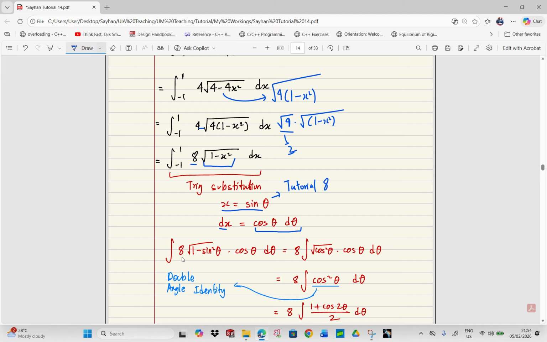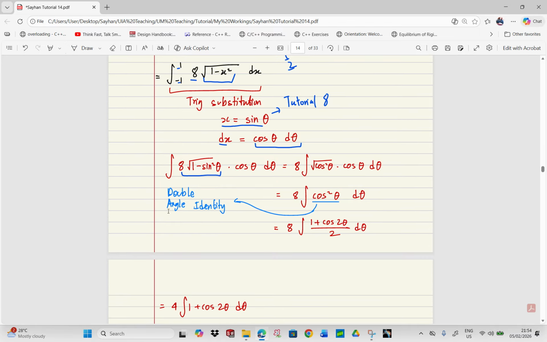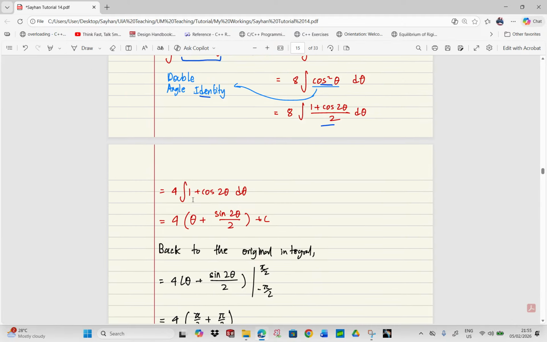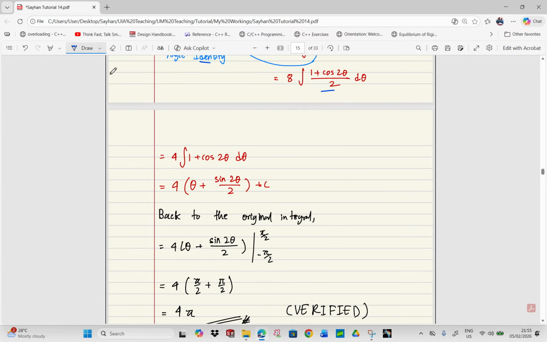I substituted in first without changing the limits because I wanted to get the direct antiderivative first. Once I did so, we have cosine squared theta, which I used the double angle identity on to make integration easier. Then of course I integrated and got the antiderivative back.